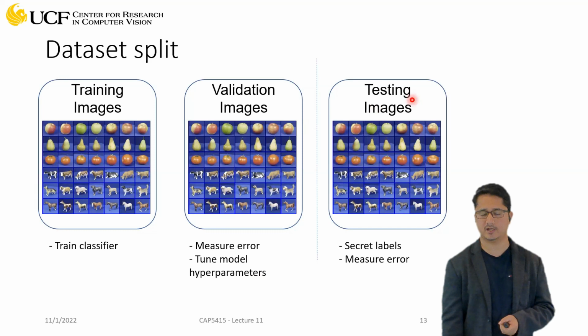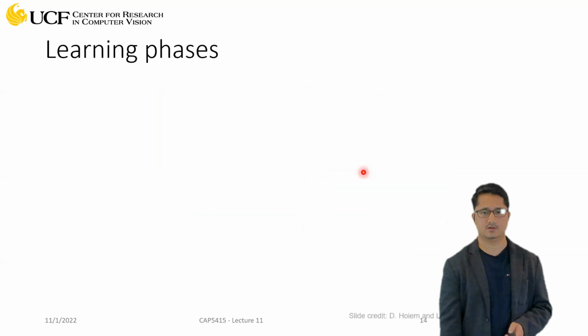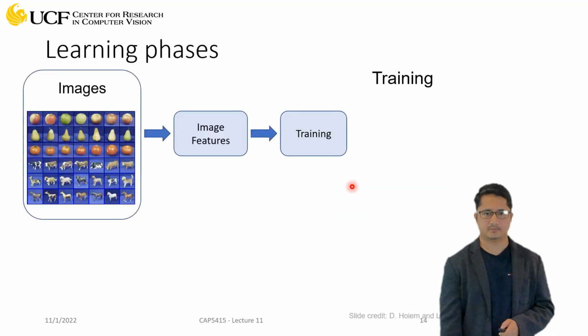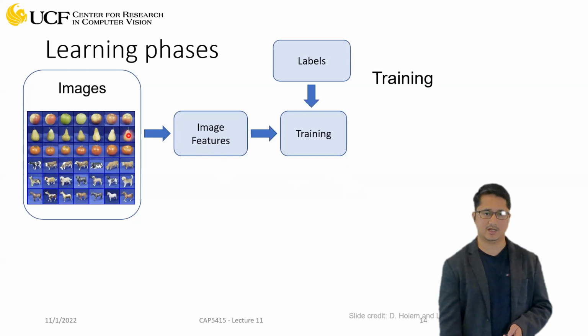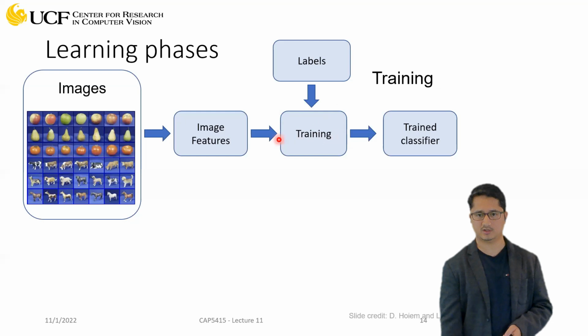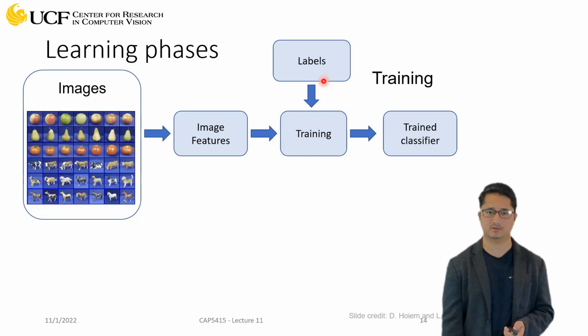And for testing images, you don't have labels for these. They will be used only for evaluation, and you don't use feedback on this test set to improve your model. So the learning phase will be, you will have your training images, you will extract features, and then you will train your classifier over here. To train that, you know that you need the ground truth labels.